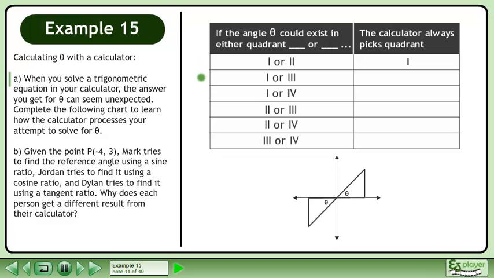If the angle theta could exist in either quadrant 1 or 3, the calculator always picks quadrant 1. If the angle theta could exist in either quadrant 1 or 4, the calculator always picks quadrant 1.